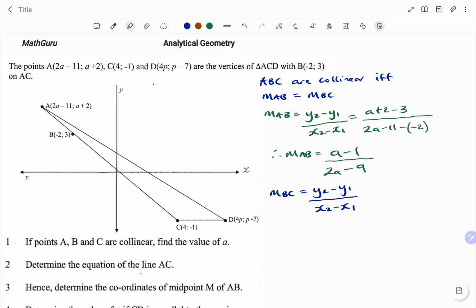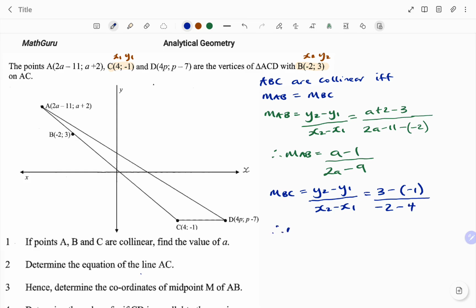Now I'm using B and C, and tagging that x1, y1, x2, y2. Putting in the values, let's start with y2, which is 3 minus y1, it's negative 1, so I'm going to put that in a bracket. Then x2, negative 2 minus x1, that's 4.